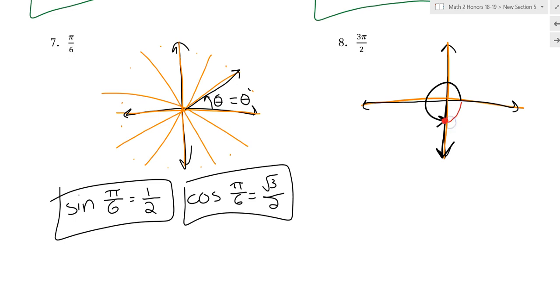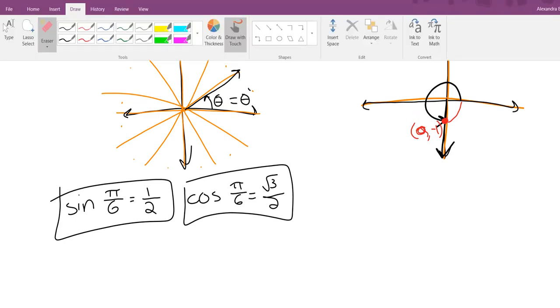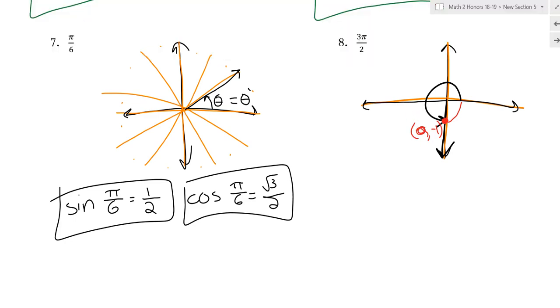All right, if this is our unit circle, then we didn't go left or right. So my x value would just be 0. Sorry, 0, comma. And my y value is -1. All right, because then we went down 1. So for ones that fall on the axes, that's fine. We just write down the point.